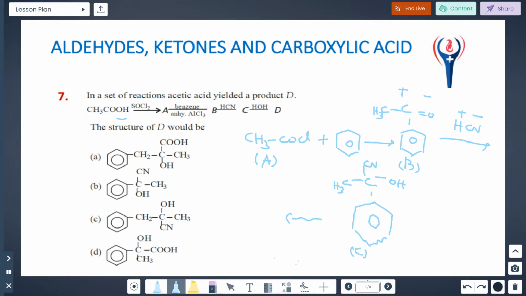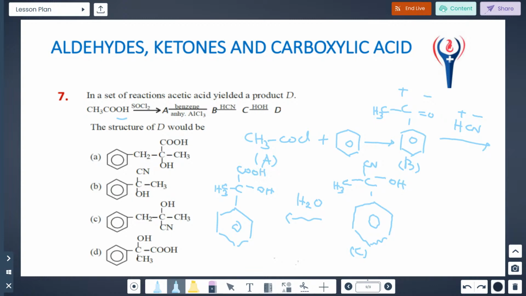But they're asking only D. So this is CN. I told you many times, whenever cyanide is present, it undergoes hydrolysis, and CN becomes COOH.